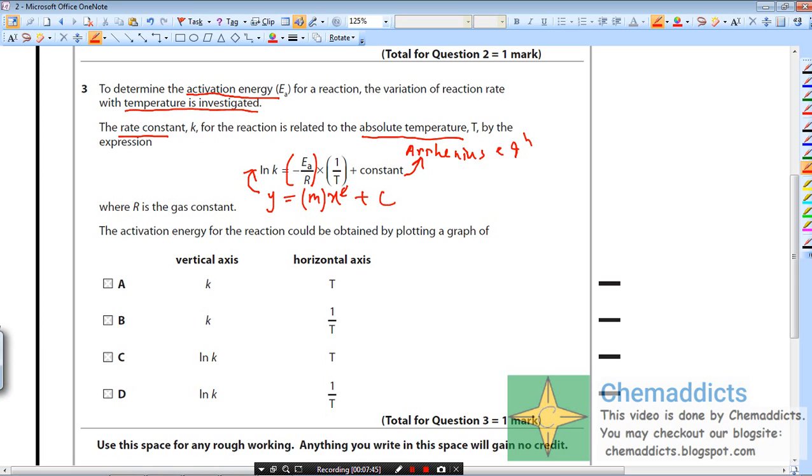So y equals ln k, x equals 1 by T, and m, which is minus Ea by R, is the gradient.